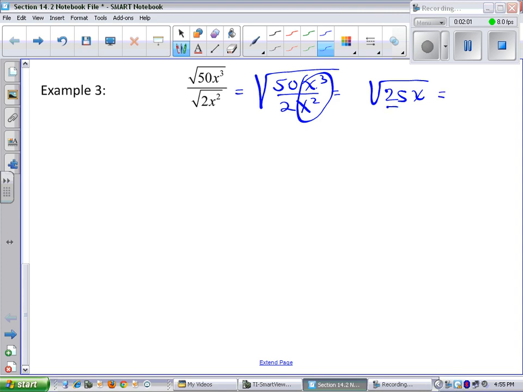And then I know the square root of 25 is 5, so I will just have 5 square roots of x here. Square root of x will not break down because the index is 2, the exponent is 1, and 2 doesn't divide into 1 evenly.